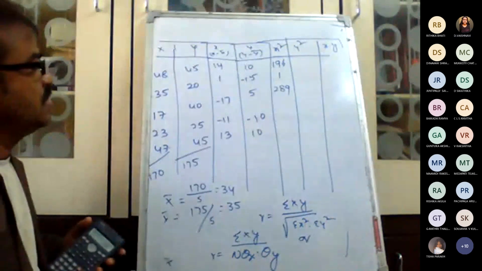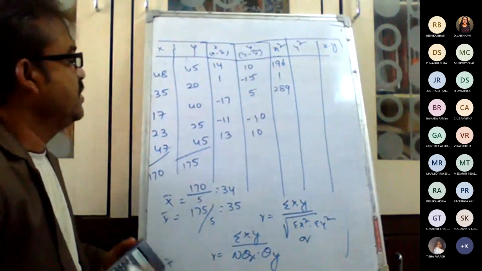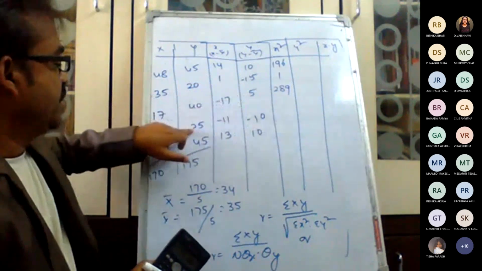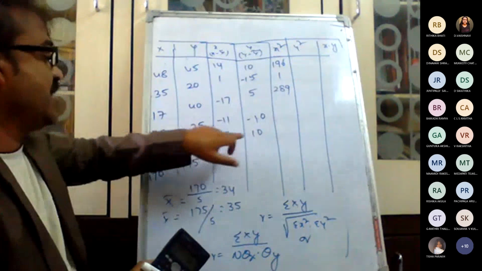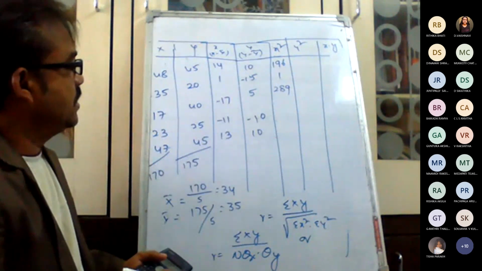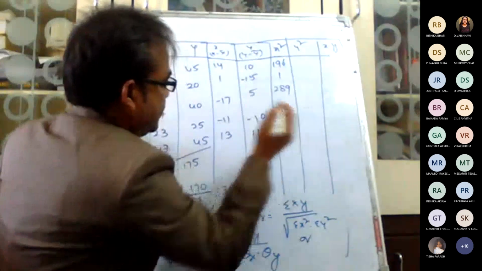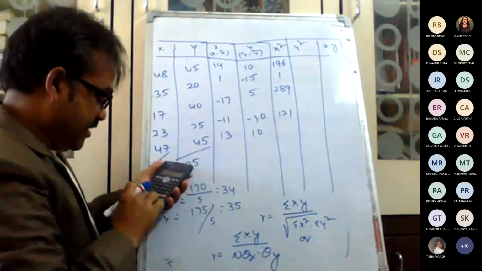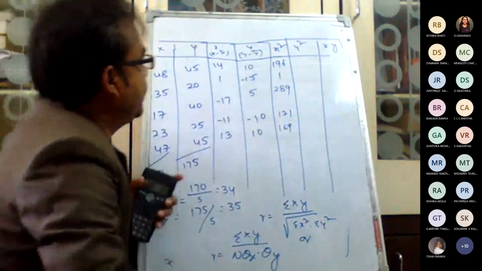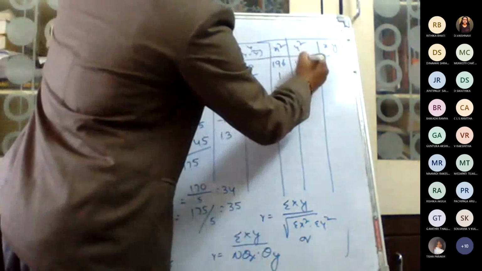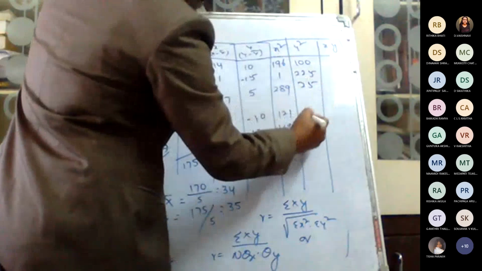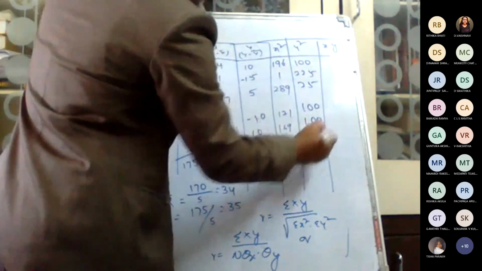Okay, 20 minus 35 is minus 15, 40 minus 35 is 5, 25 minus 35 is minus 10, 45 minus 35 is 10. Yes, sir. Next, 11 into 11, 121. 13 into 13, 169. Next, 10 into 10, 100. 15 into 15, 225. 5 into 5, 25. 100, 100.